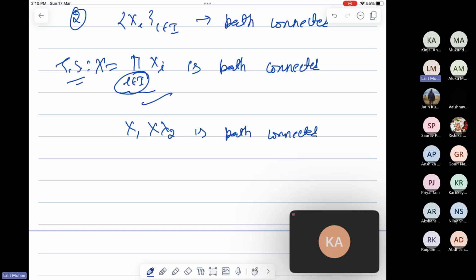How will you show that? You know about path connected, yes or no? This is a very easy problem.